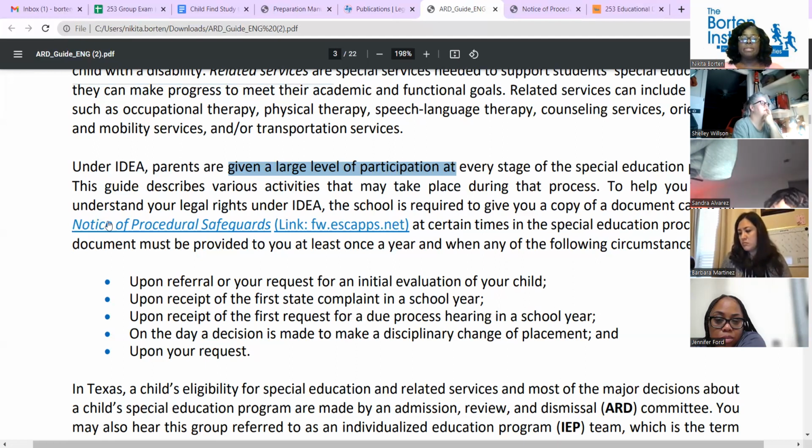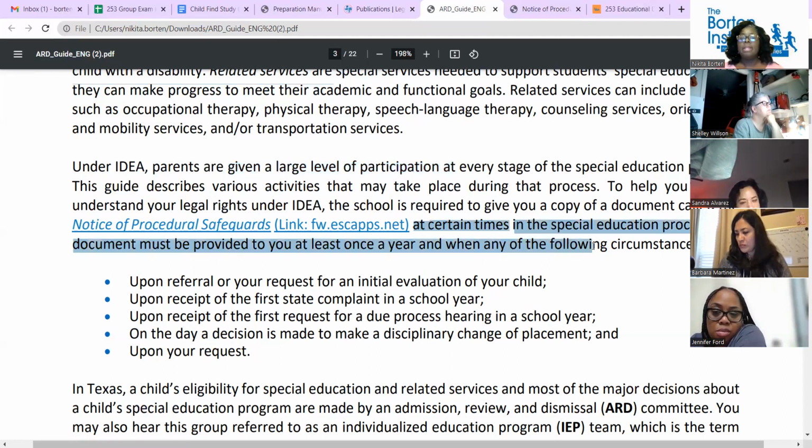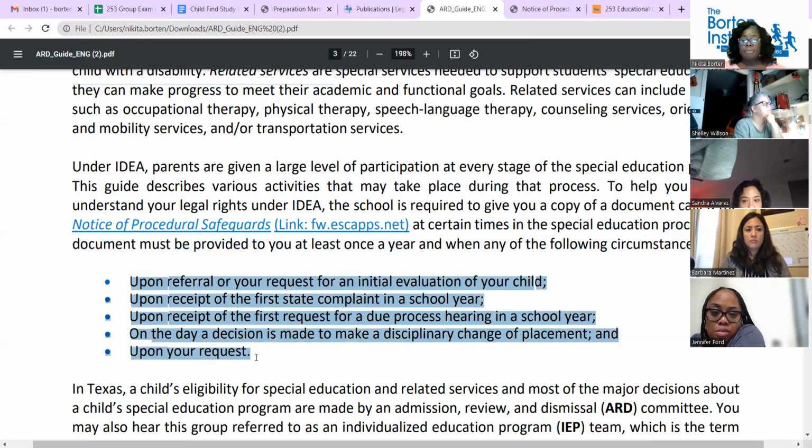So it refers them again to the notice of procedural safeguards booklet so they can be aware. And now here's where the law is telling you, as a diagnostician, it is required that they get these booklets, these guidelines, procedures, these two booklets at these times. These are designated by law.